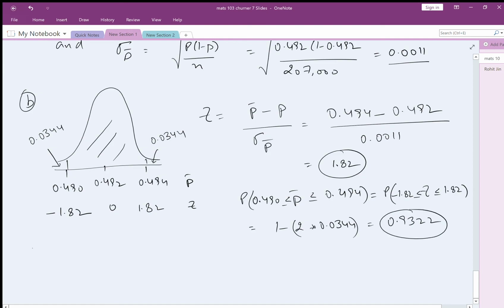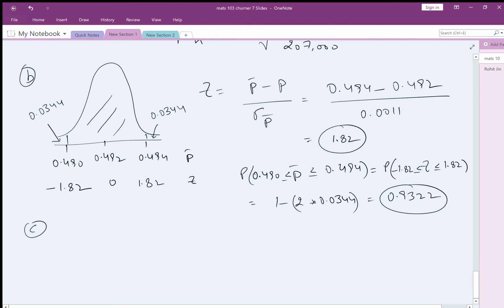Okay, now part C. The only thing that is changing in part C is that we have a lower sample size. Part C says, suppose a sample of 86,800 US homes will be taken to learn about home telephone usage. Show the sampling distribution of p bar, where p bar is the sample proportion of homes that use landline phone service. So n is now smaller, it's 86,800.